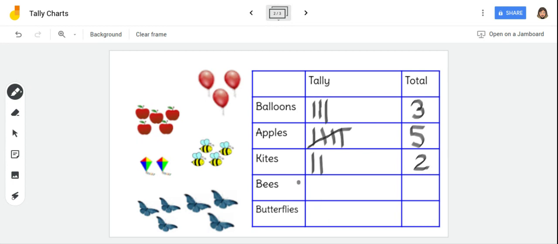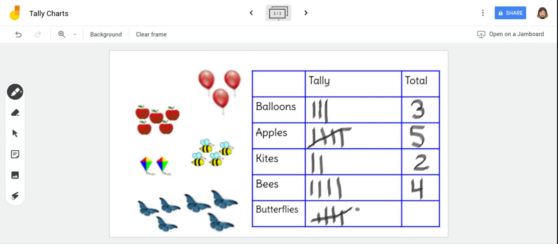Now let's count the bees. 1, 2, 3, 4. So there are 4 bees. I'll write that as my total. Now, can you count the butterflies with me? 1, 2, 3, 4. Remember, when I do 5, I cross it. 5.